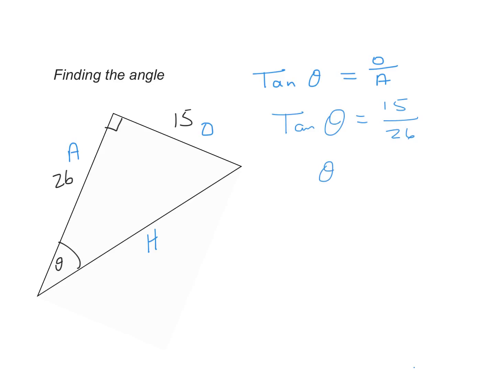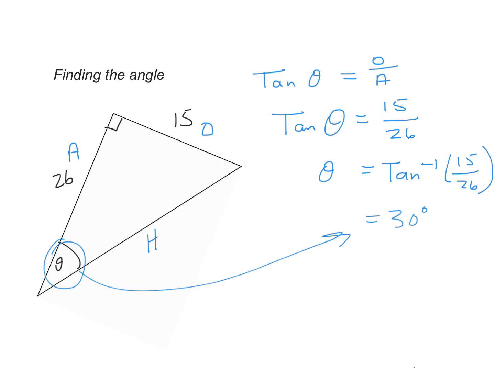So the angle is the inverse of tan of 15 over 26. When I put that into my calculator, I end up with an angle of around about 30 degrees to the closest degree. Therefore, this angle over here has to equal 30 degrees.